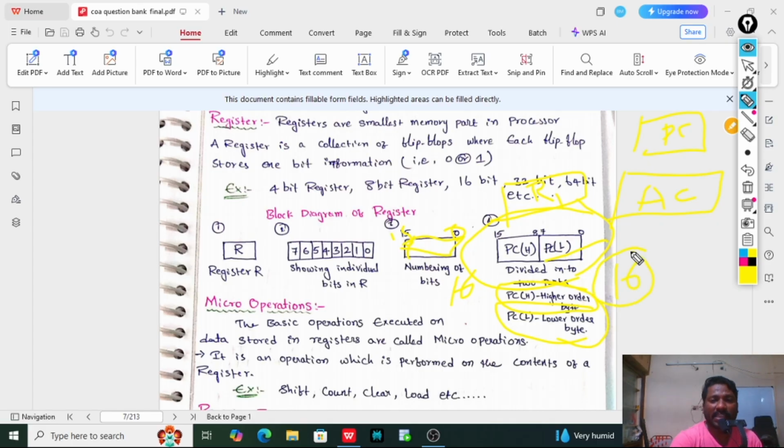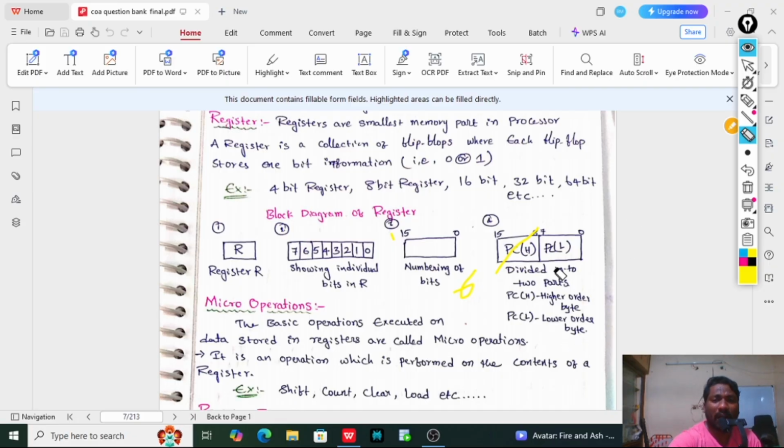If you divide 16 bits into 2, it divides into 8 and 8, and 8 bits is equal to 1 byte. So this is how you represent a register in computer organization and the processor.